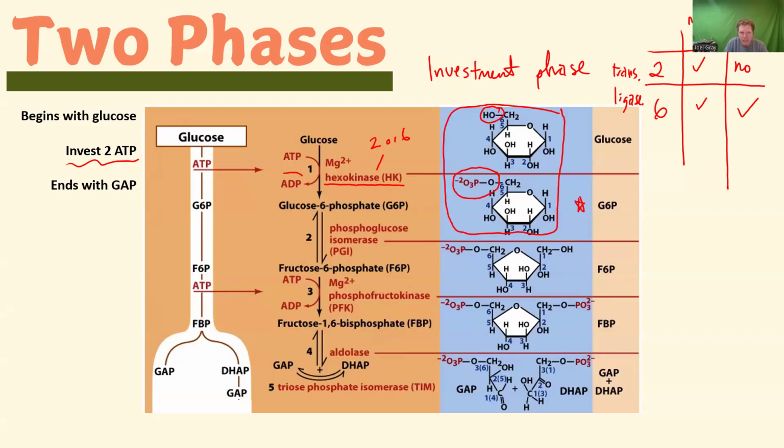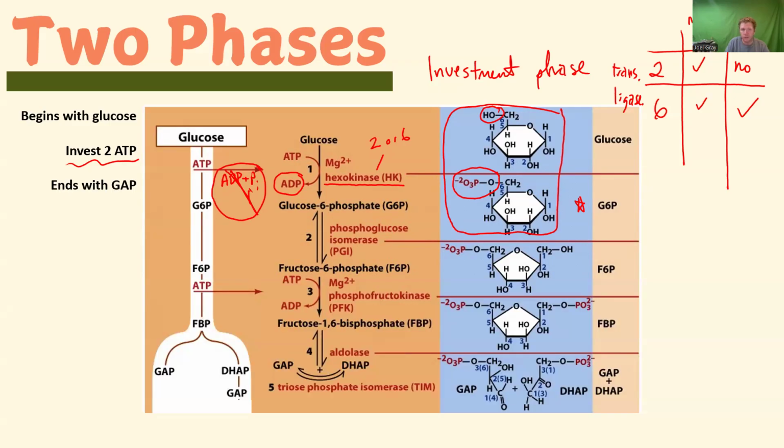Because my product here is ADP, not ADP plus Pi. So now, since I'm not making ADP and Pi, that means that hexokinase is not a ligase.